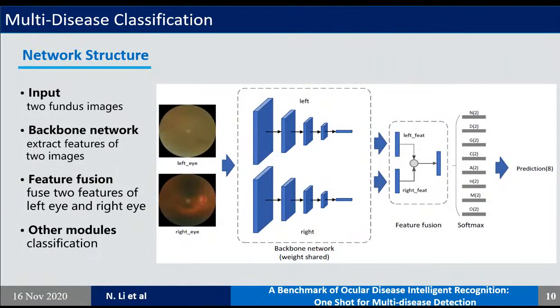Furthermore, to find a better baseline feature fusion method, we evaluated 3 feature fusion methods, including element-wise multiplication, element-wise sum, and concat. Secondly, it is a multi-label classification task rather than single-label. We added 8 classifiers for 2-class classification behind the last fully connected layer of each network to achieve the purpose of multi-label classification.